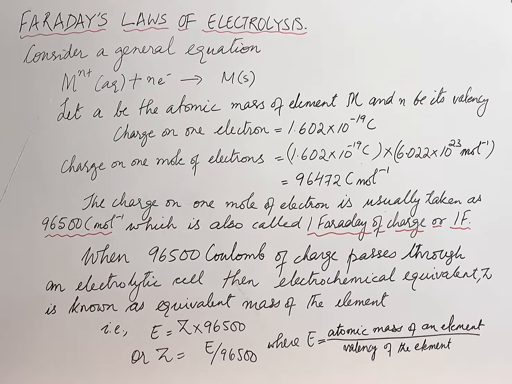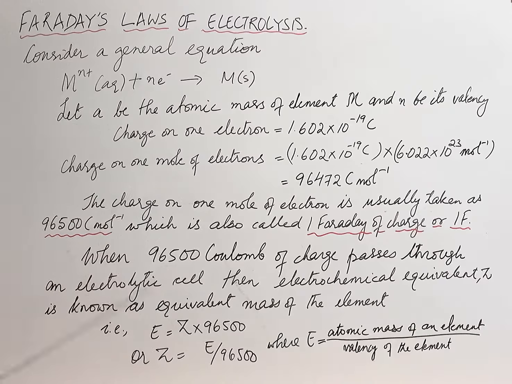So let us consider a general equation. If we have a cation which gains electrons to become a metal, we will see how much charge this particular equation requires. So let A be the atomic mass of this element M, and N be its valency.